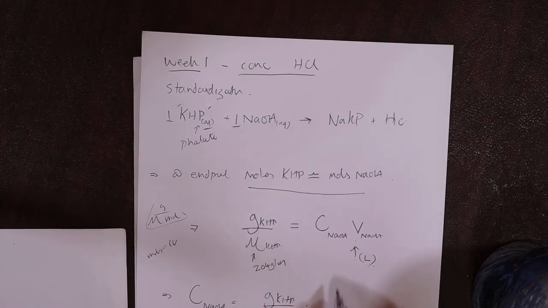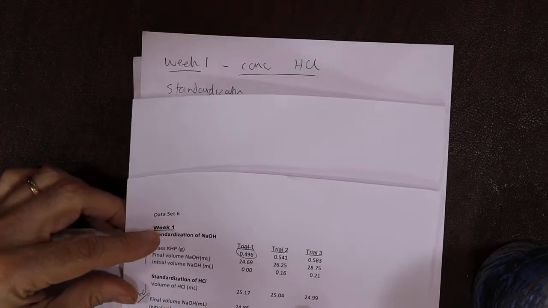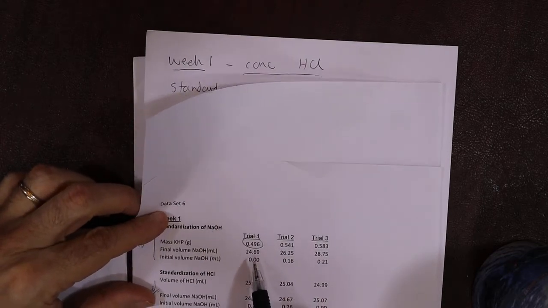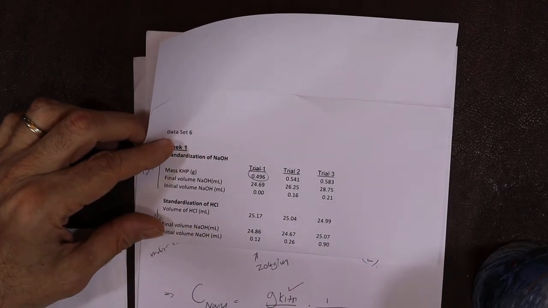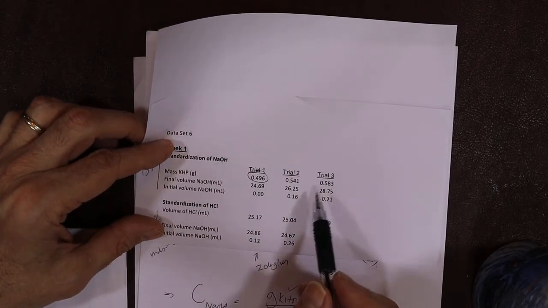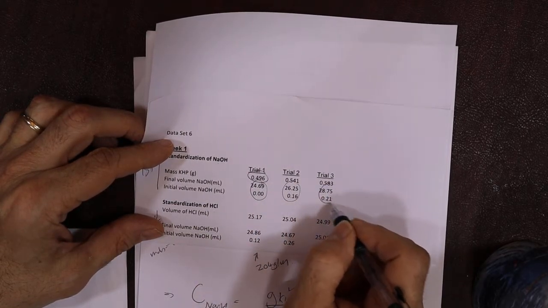times, if you think about it, bring this over there, 1 over volume NaOH. Now, that's got to be in liters though, remember, because moles per liter. So work it through. There are your numbers. So we have grams of KHP, grams per mole, and then final volume, initial volume.